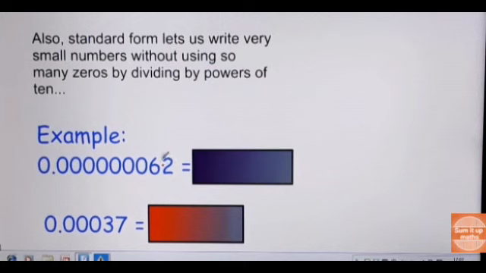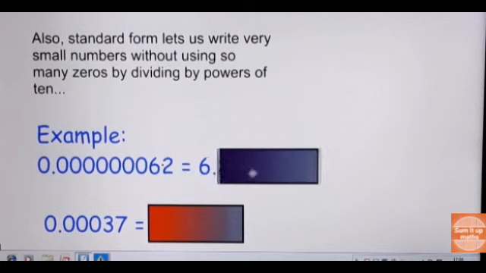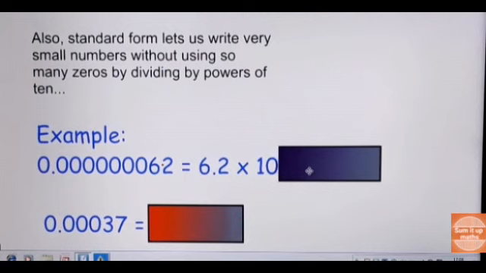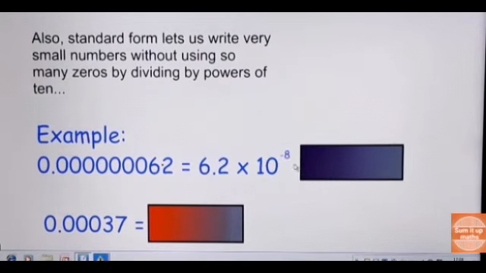So let's go backwards and see how far we go to get to our original decimal place. So 1, 2, 3, 4, 5, 6, 7, 8 times. Okay, so in this case, we still write 6.2 times 10, but this time we've been dividing by powers of 10, so we have to write -8 so that we know that it's that many times smaller.